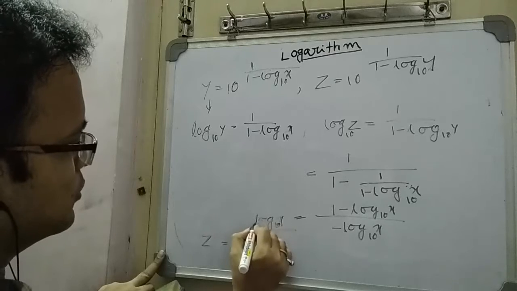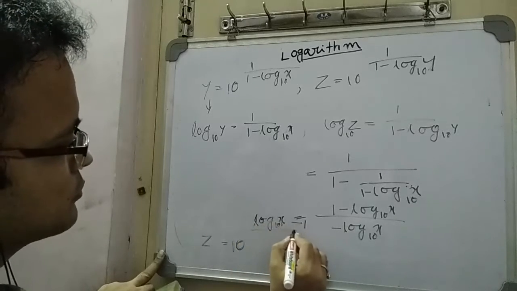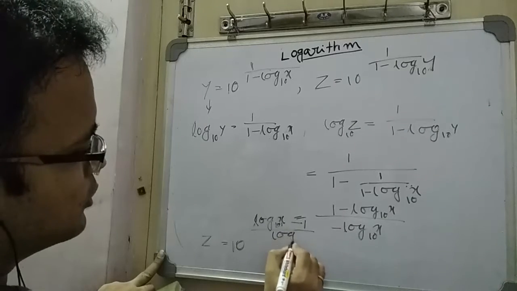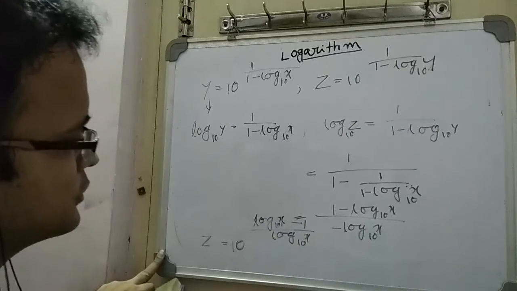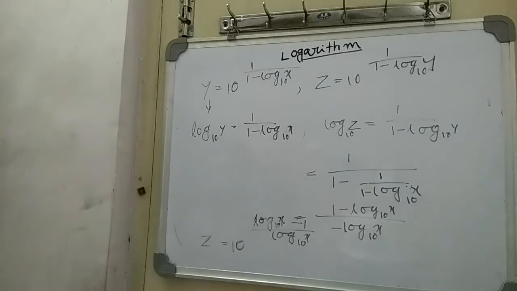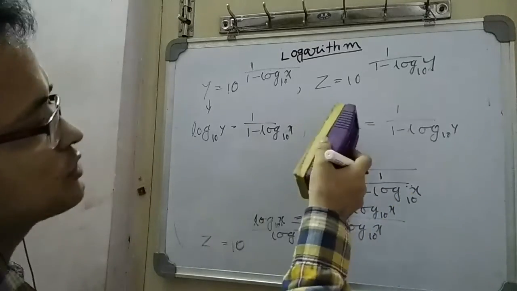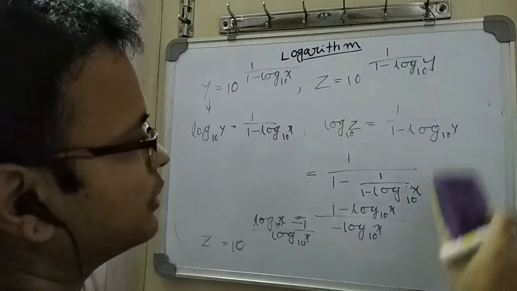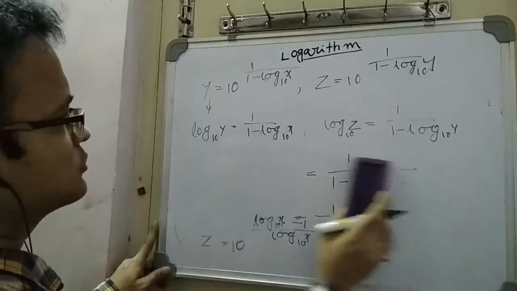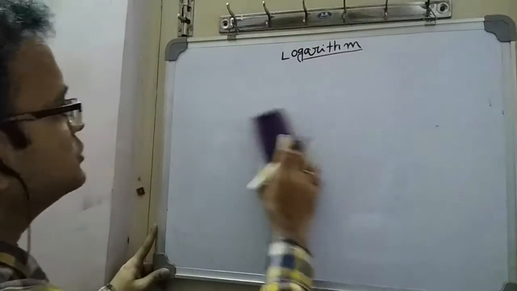So log x minus 1 by log x, this is the answer. In many ways you can put the answer. Otherwise you can have log x equal to some log z, then x equal to 10 to the power some log z. That way also you can put it, but we needed to find the relation. That's why we reached there.